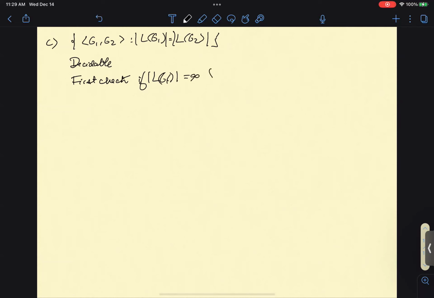Very good. So the first thing is that you can check what the cardinality of the language generated by a grammar is, right? Because you can first check if it's infinite. It's infinite if you have something like S goes to A S B and then epsilon, right?